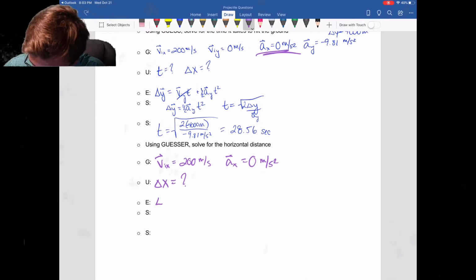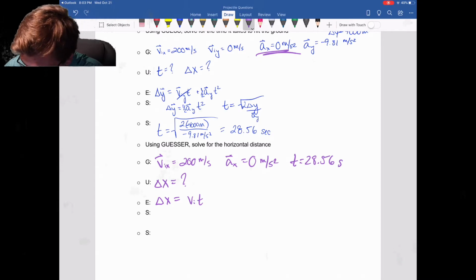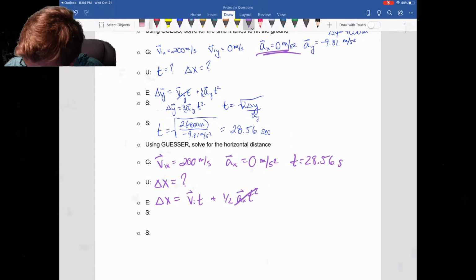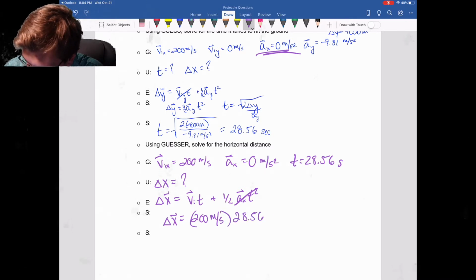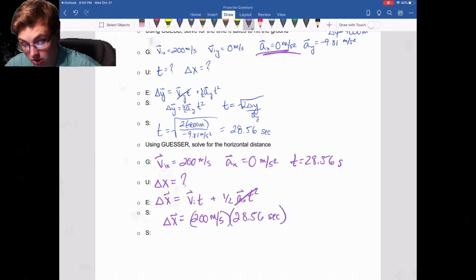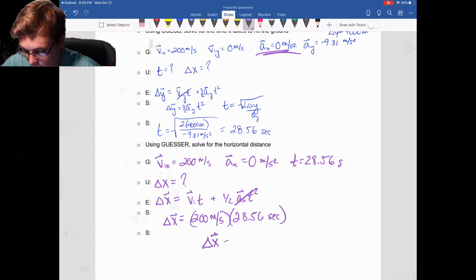So we can use the same equation. When we use the same equation, the 1/2 a t squared term is now 0, so we're left with v times t. Our change in x is going to equal 200 meters per second times 28.56 seconds, and that's going to leave us with our change in x equaling positive 5711.4 meters.